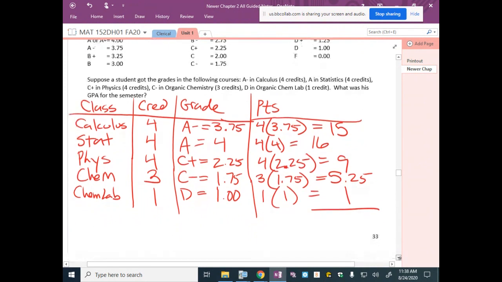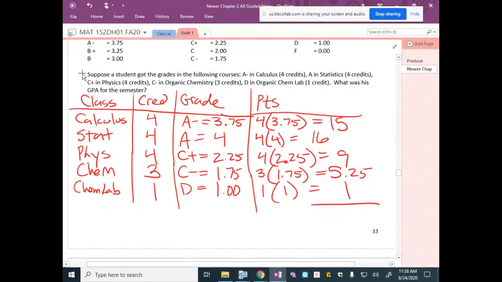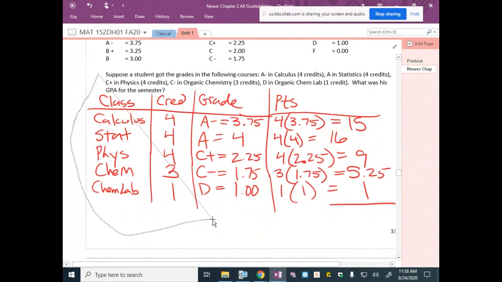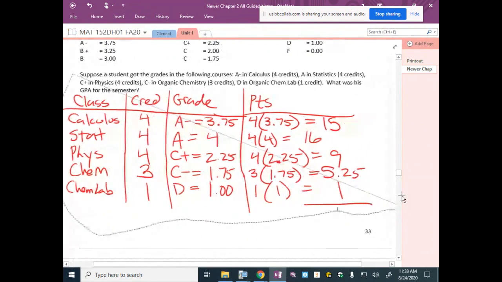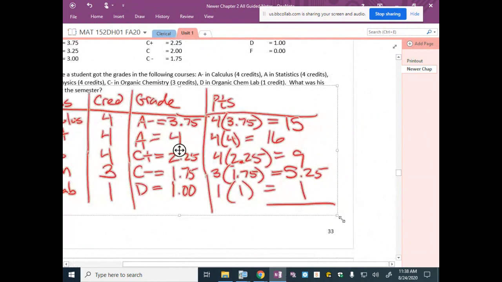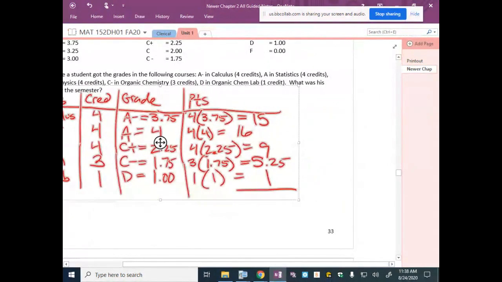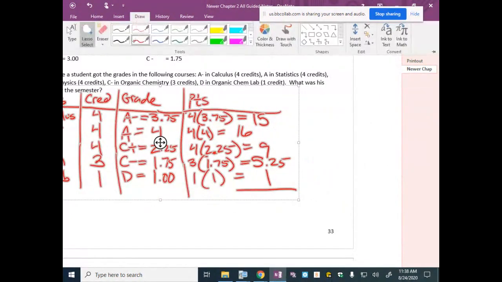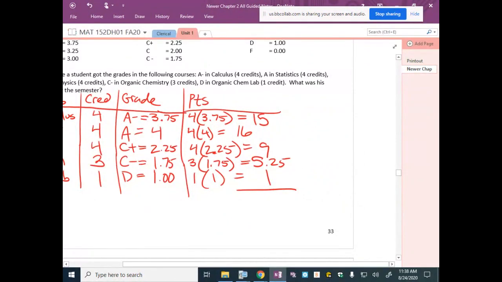So what you have to do now is add up the total points that you earn. Your transcript would actually have the total number of points you've earned over your time. So if we add all this up, 15, 16, 9, 5 1/4, and 1, that is 46 1/4.